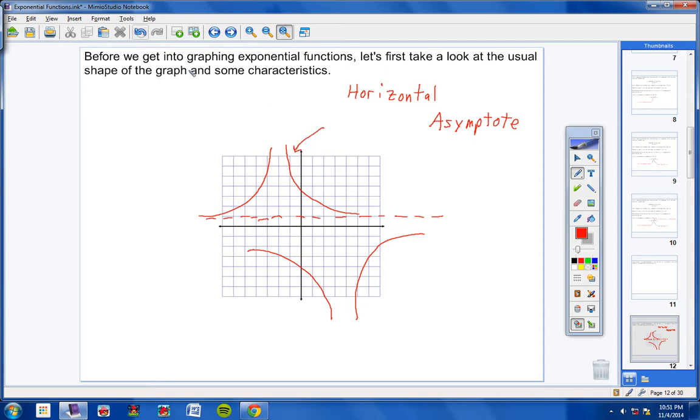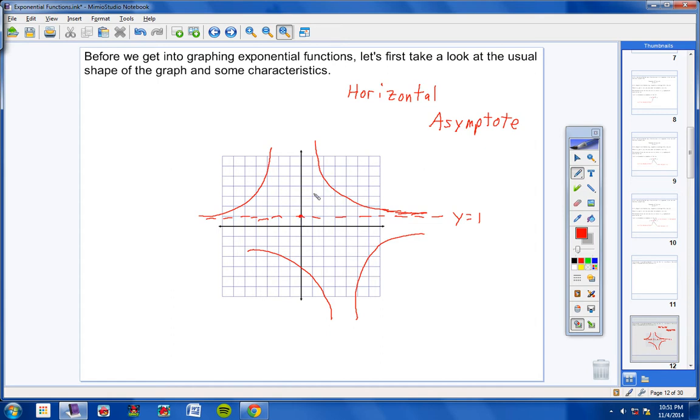Now, notice that this curve might be getting closer and closer to 1, like this, but it's never going to cross it. And that means you have a horizontal asymptote at y equals 1, because the horizontal asymptote is crossing the y-axis at 1, okay?